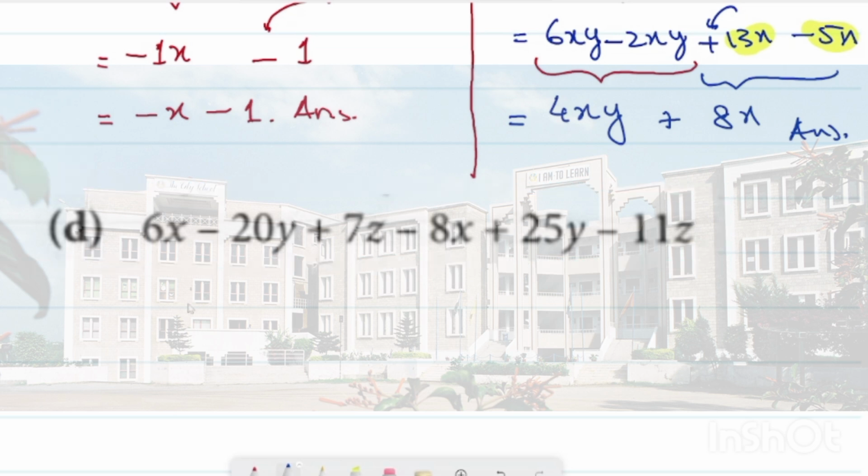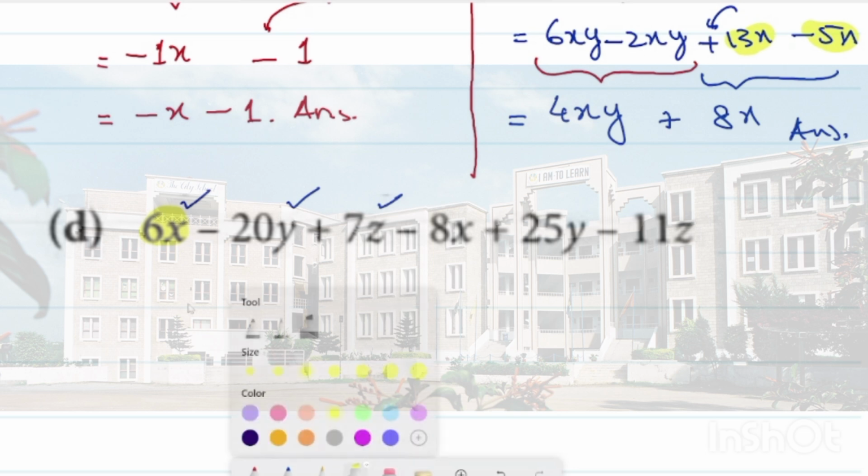In this question again we see that there are different variables. One is the variable x, one is the variable y, and one is the variable z. So there is the x variable term, then the y variable term along with the sign, and then the z variable term. So we'll be looking for the like terms of the x variable. Is there another x variable?